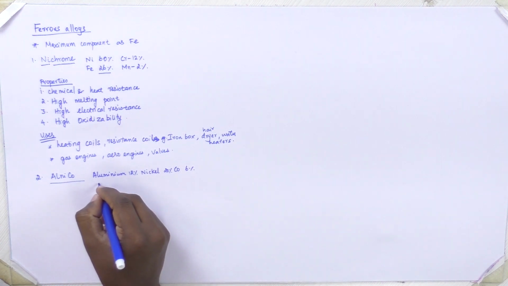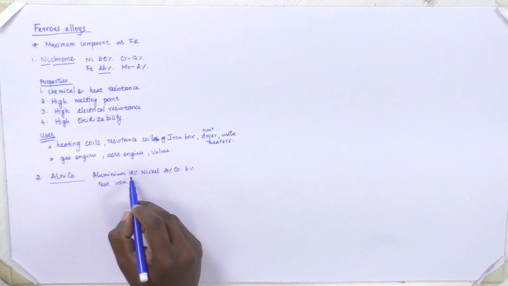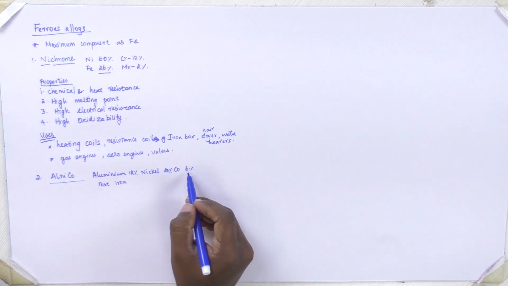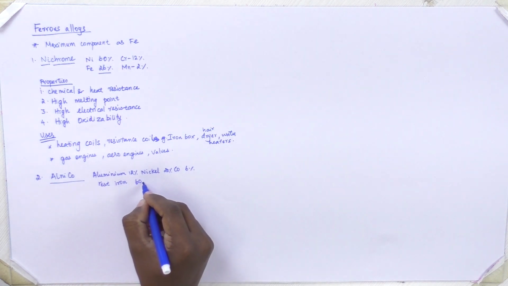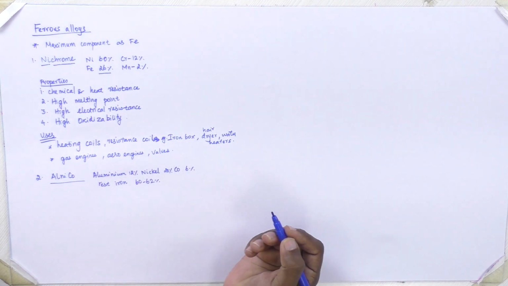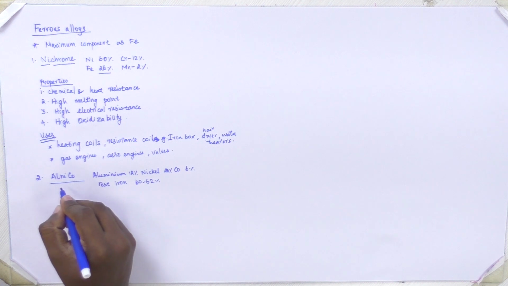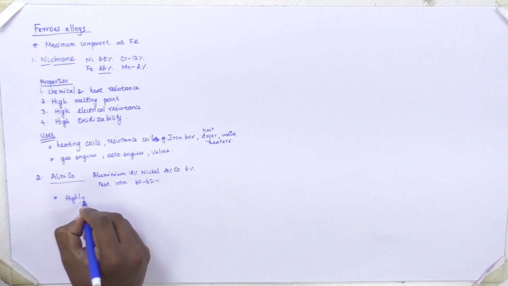The rest is iron, which means 12 plus 20 is 32 plus 6 is 38, so it's about 60 to 62% of iron. The main property of Alnico is that it acts as a highly magnetic material.